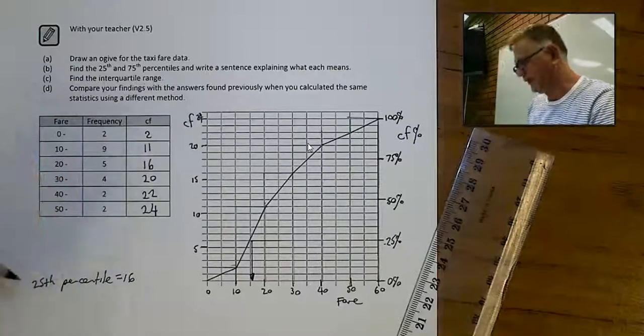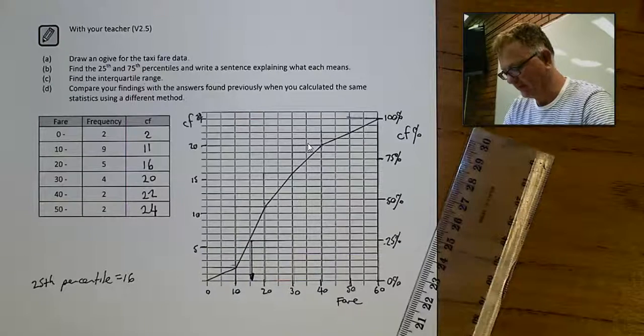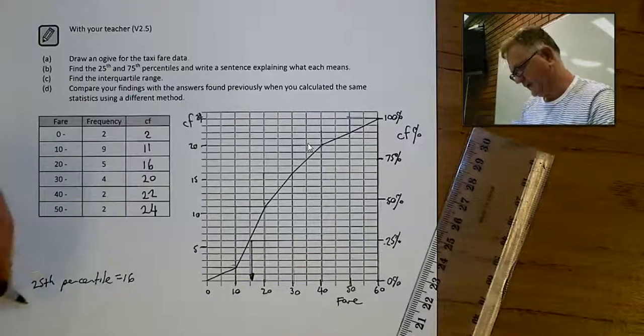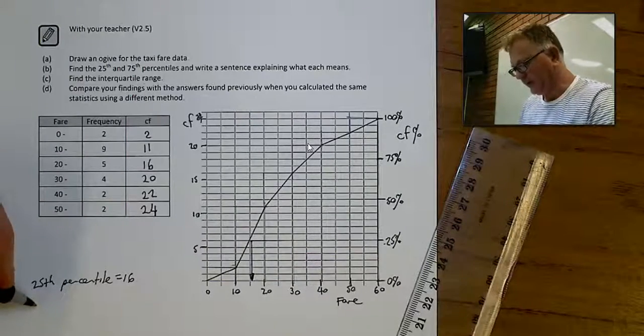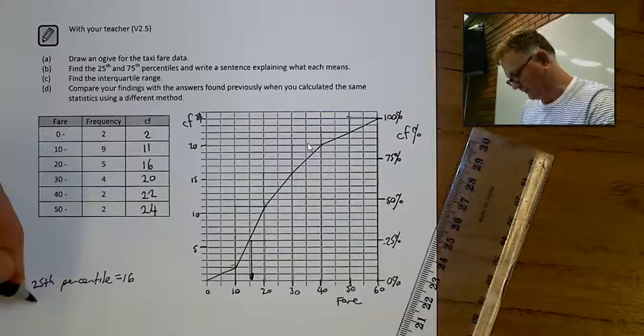And what does it mean? Well, 25% of the data is below that amount. So that means that 25% of the taxi drivers' fares were below $16.